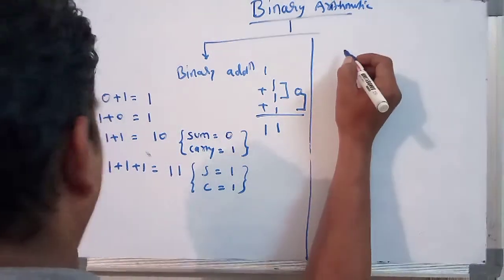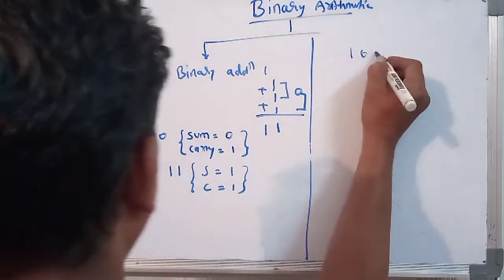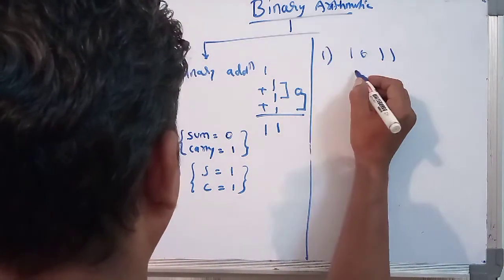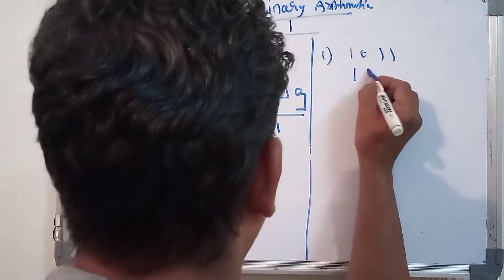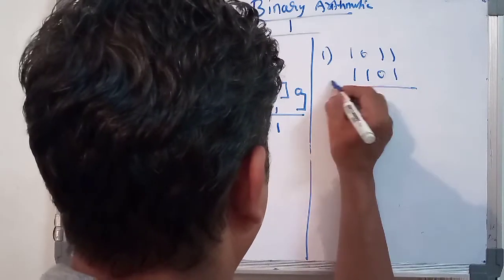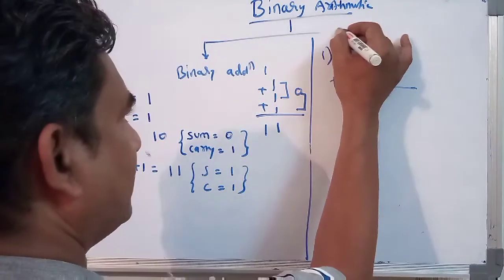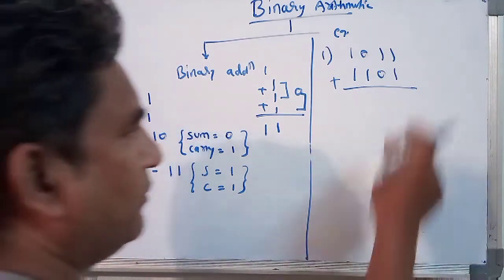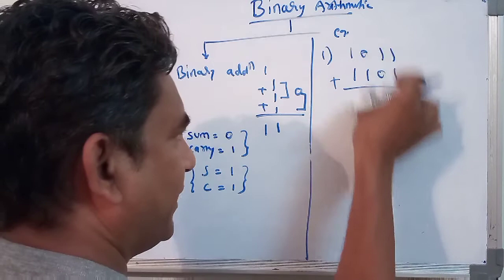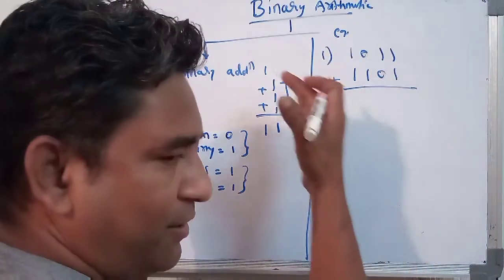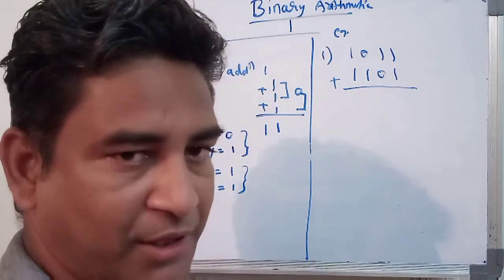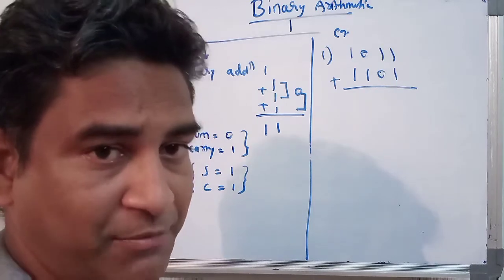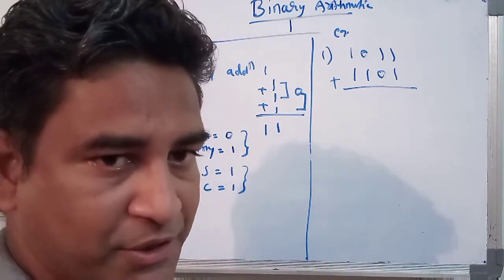You consider the first example, 1011 plus 1101, which is an example of addition. What you have to do is add the first, second, third and fourth bit. Whatever addition you have done previously was a decimal addition; now it is a binary addition.